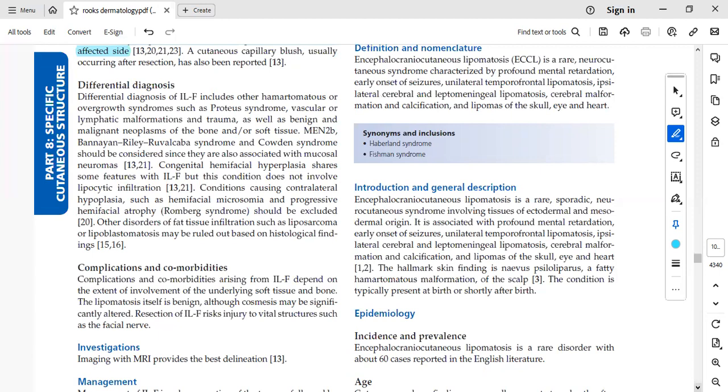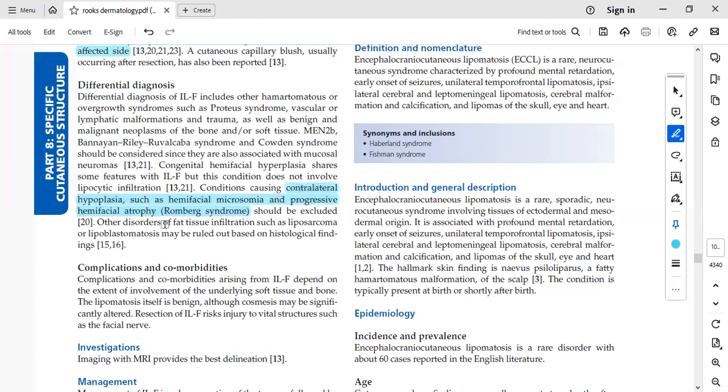Congenital hemifacial hyperplasia also shares some features with ILF, but this does not involve lipocytic infiltrations. And conditions which cause contralateral hypoplasia, like hemifacial microsomia and progressive hemifacial atrophy, Romberg syndrome, should also be excluded.